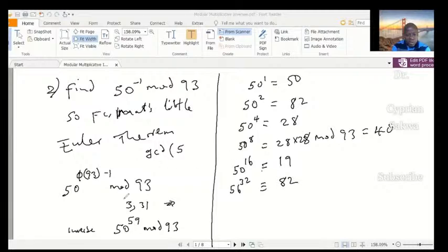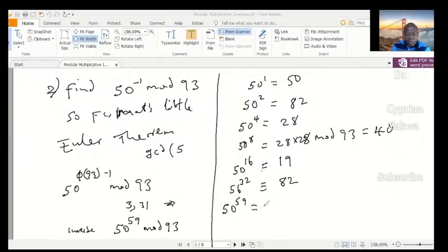What we want is 50 raised to 59. So when I square this, I'll get 64, which is not okay. It's beyond what we want. What we want is 50 raised to 59. And we check which ones do we add to get 59.